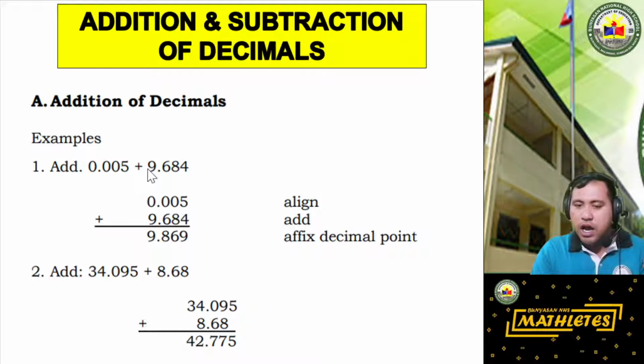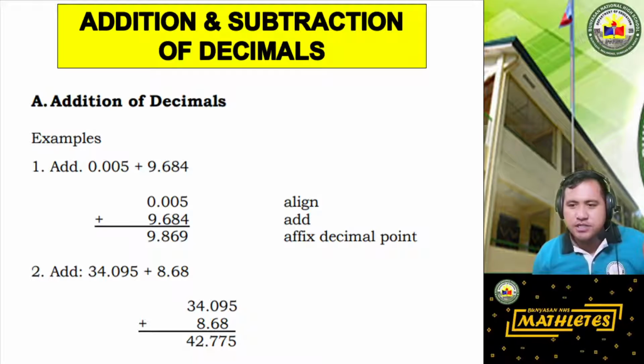Examples. Add 0.005 plus 9.684. Both numbers have 3 decimal places, or 3 digits after the decimal point. The first thing to do is to align.